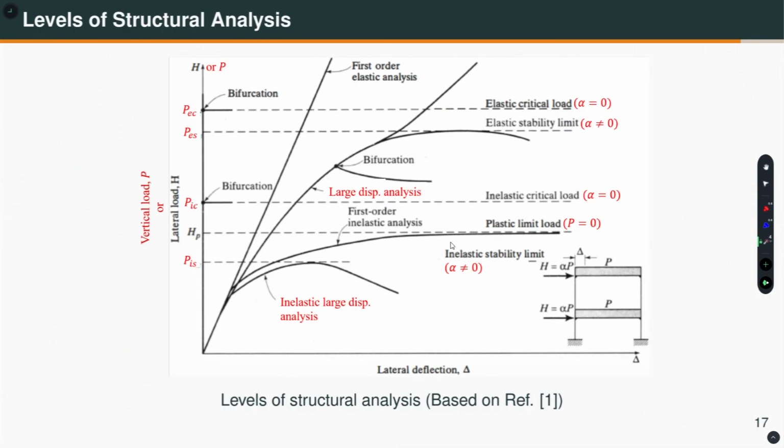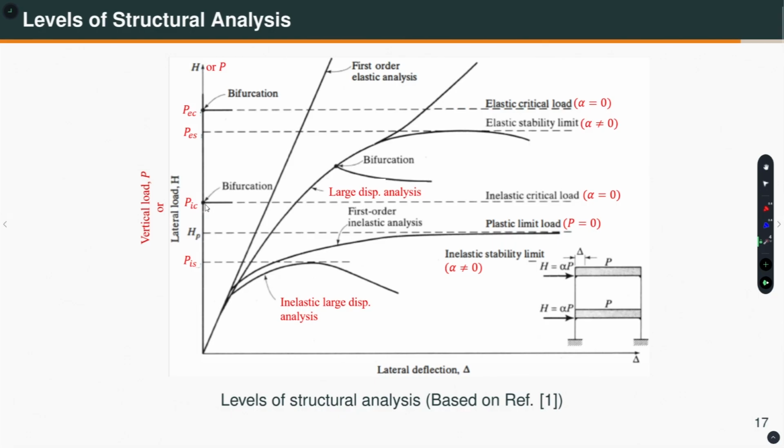Now, coming back to the figure that we are referring to. If we do an inelastic critical load analysis, for this case this is 0, and let us say the slenderness ratio of the columns is such that inelastic critical load will govern, or it will fail by inelastic buckling.